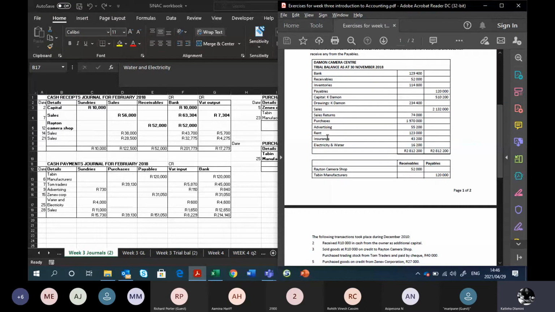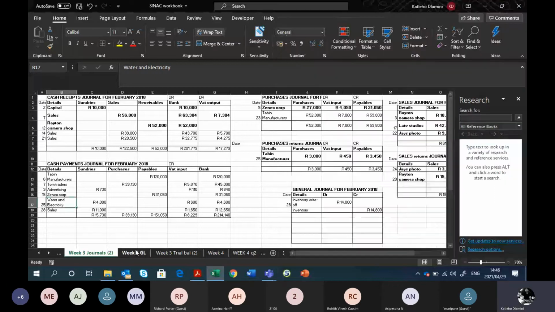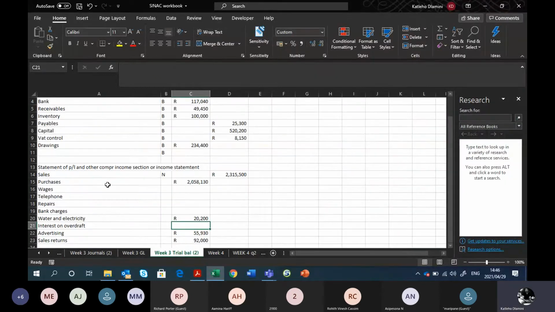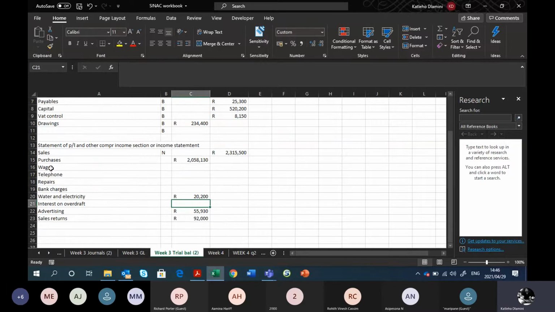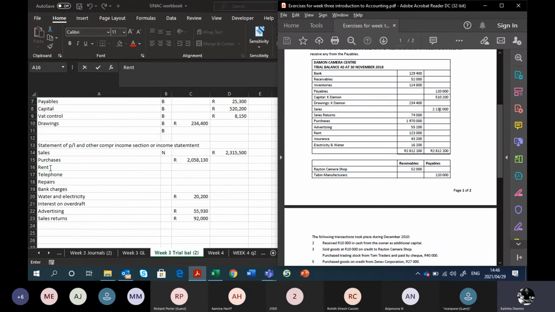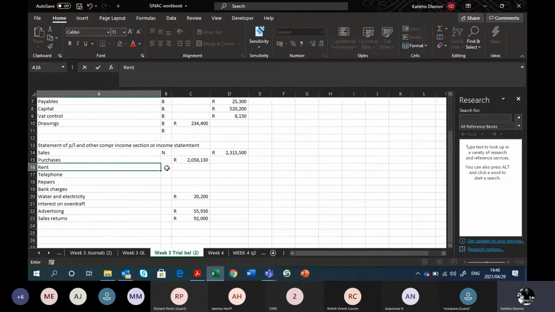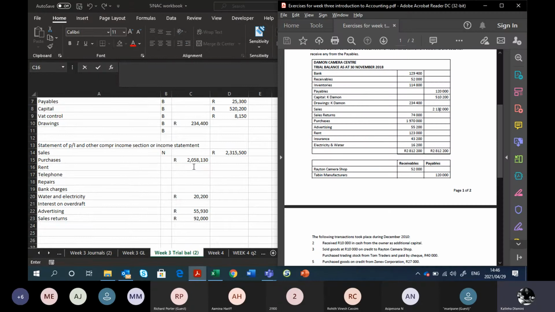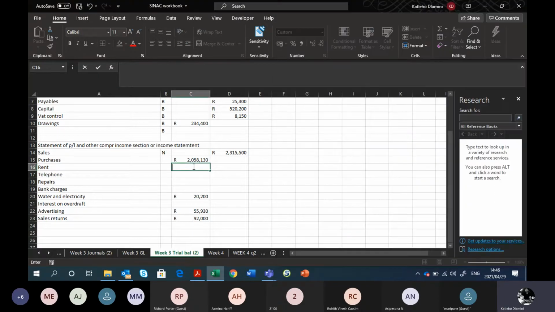Okay. So whenever you're faced with a situation like this where you have other accounts but nothing changed, you can draw a T-account for that, but I'm not going to do that. I'm just going to go in there and put the balances that are already there because nothing changed. Okay. So rent. It's an expense. Rent expense. That was how much? 123.